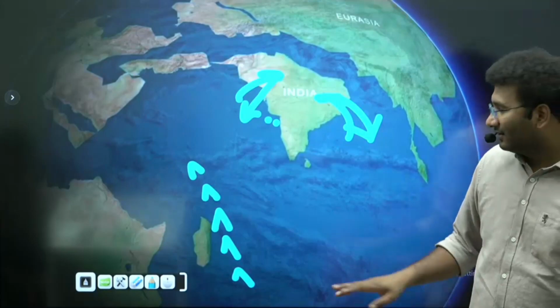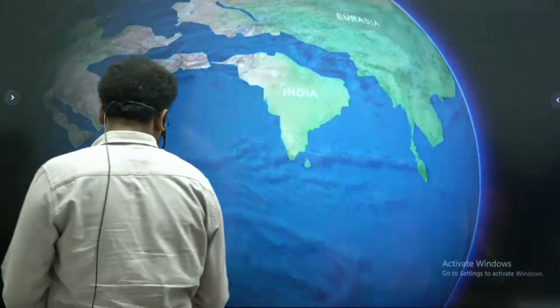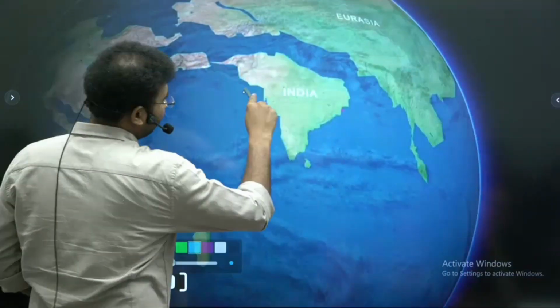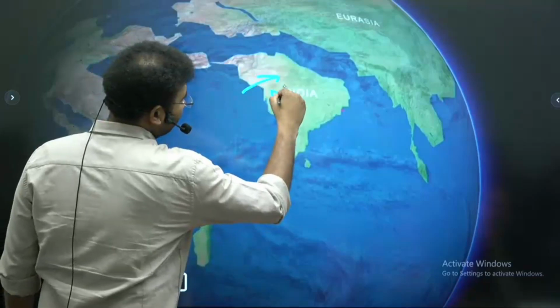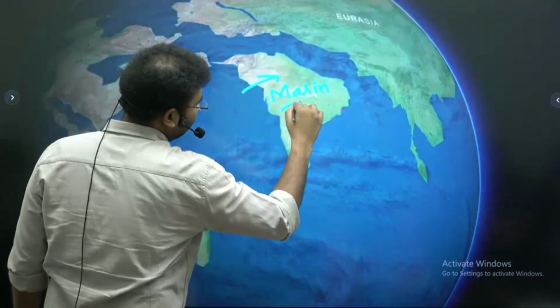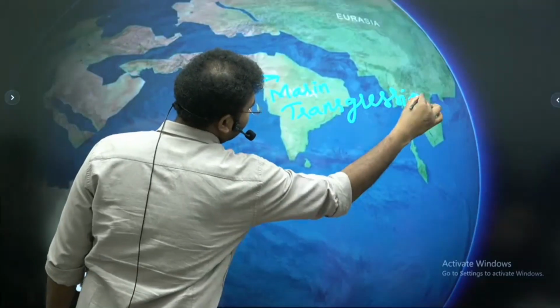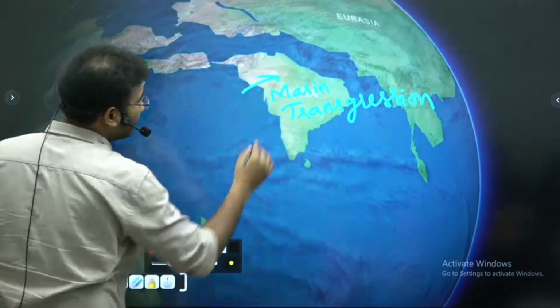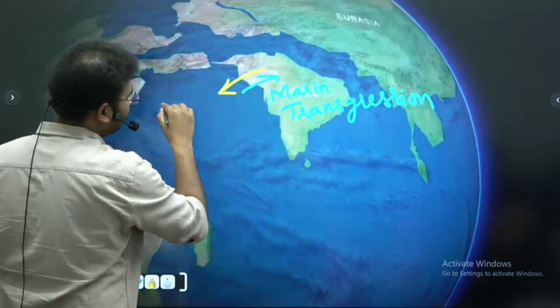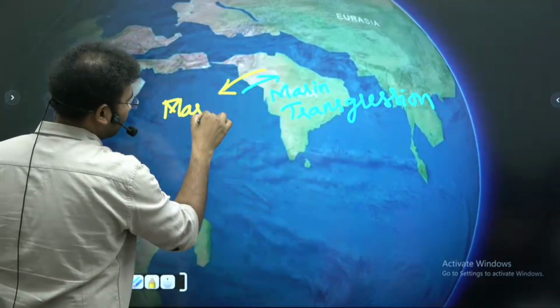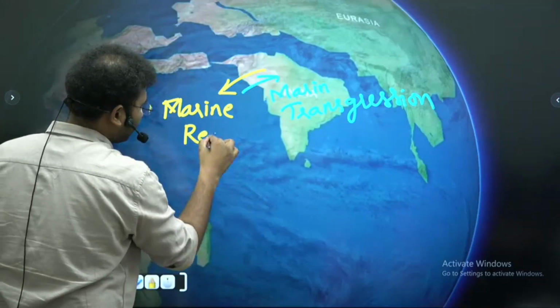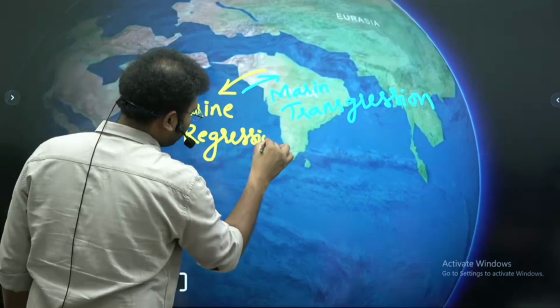In fact, the movement of water into India is called marine transgression. And the movement of water back from India, this is called marine regression. Now.